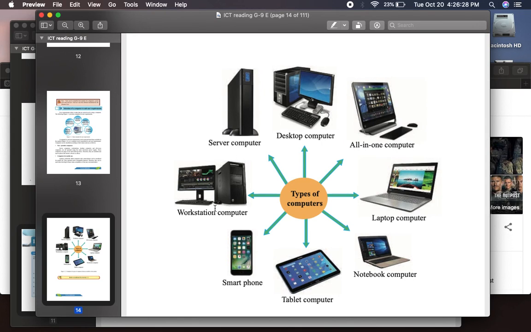If you take a workstation computer, the display, keyboard, mouse, everything gets connected to this tower unit here. Same with the desktop computer. But when we come to the all-in-one computer, that doesn't have a tower. And what happens is the screen is large, and whatever is connected has to be connected to the back of the display unit.